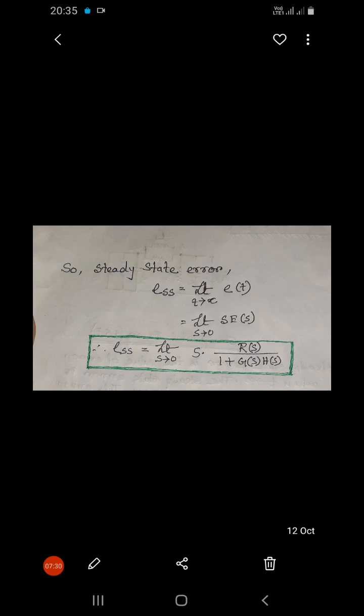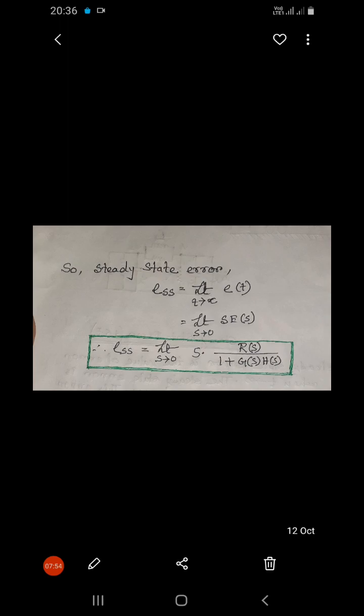This steady state error E_ss is equal to the limit as t tends to infinity of e(t), which is nothing but the final value of the signal.